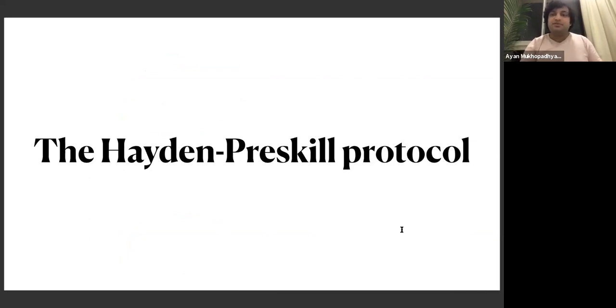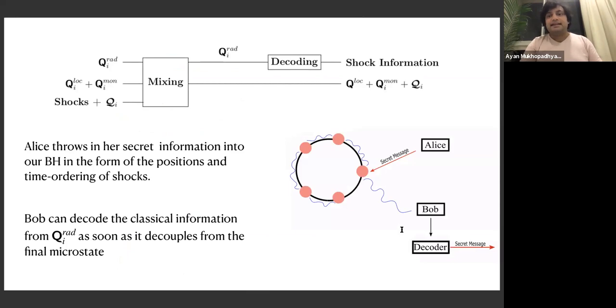Okay, so now it is time to discuss the Hayden-Preskill protocol. And again, I will just simply show you the diagram. It kind of mimics a quantum circuit-like diagram. So what happens here is that Alice decides to make some information completely disappear.